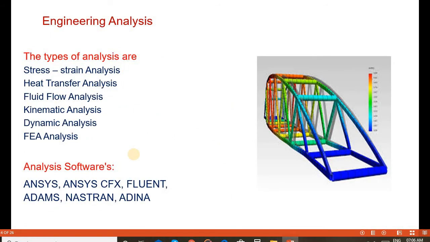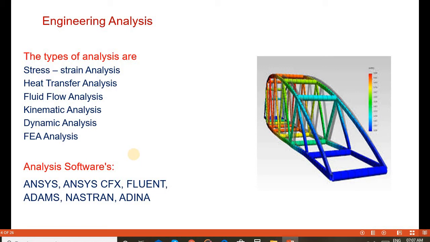What are the various types of analysis we can perform on the products of the design? Stress strain analysis, which is called structural analysis. We can determine stiffness and other kinds of structural parameters. Heat transfer analysis, which is thermal analysis; we can go for temperature analysis and temperature specifications.